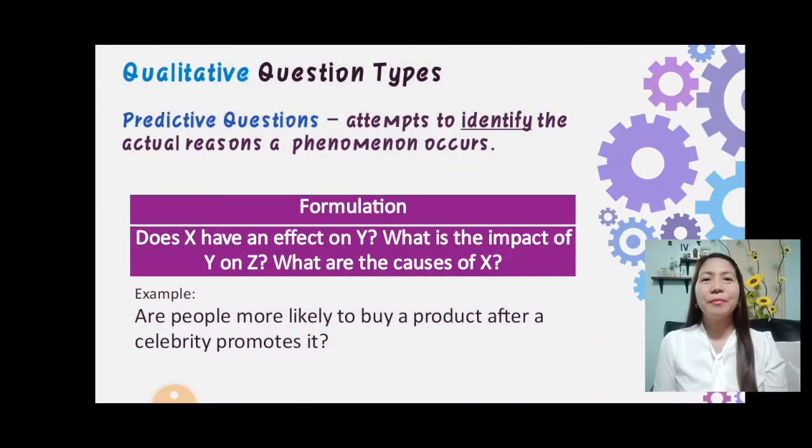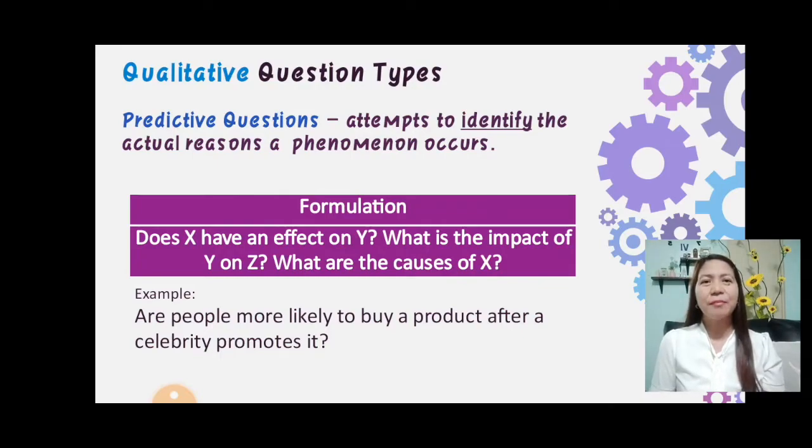Followed by predictive questions, it attempts to identify the actual reasons a phenomenon occurs. So you want to know the outcome or the output of your study, after knowing the output of your study or your project.